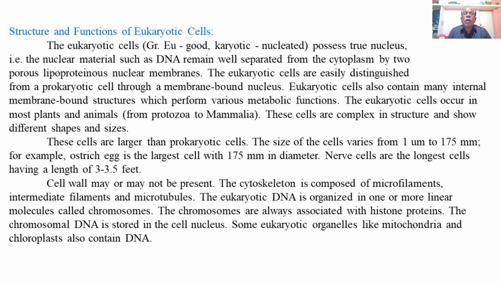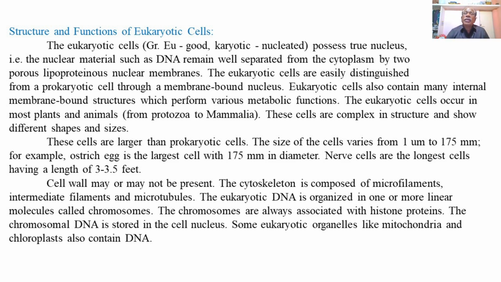The eukaryotic cells occur in most plant and animal cells. The eukaryotic cells occur in most plants and animals, right from protozoa to mammalia. So among the animals, from protozoa to mammals, that is invertebrates and vertebrates, right from unicellular to multicellular organisms, the cells are eukaryotic, and most plant cells are also of eukaryotic type.